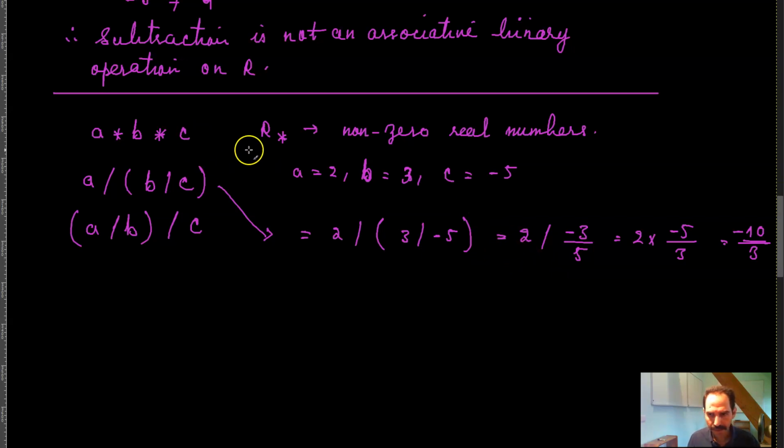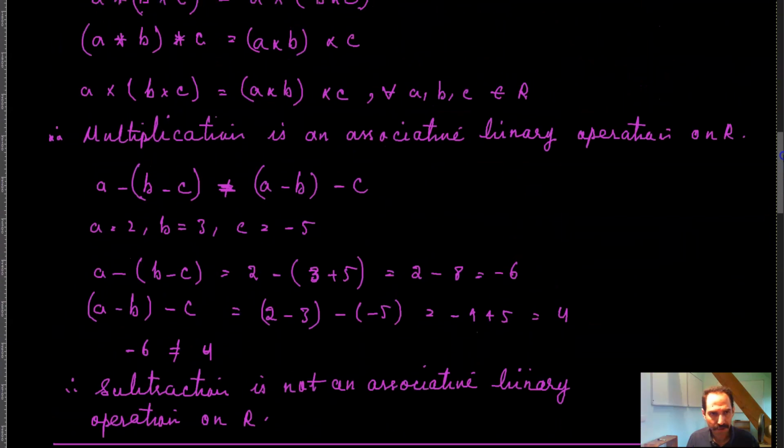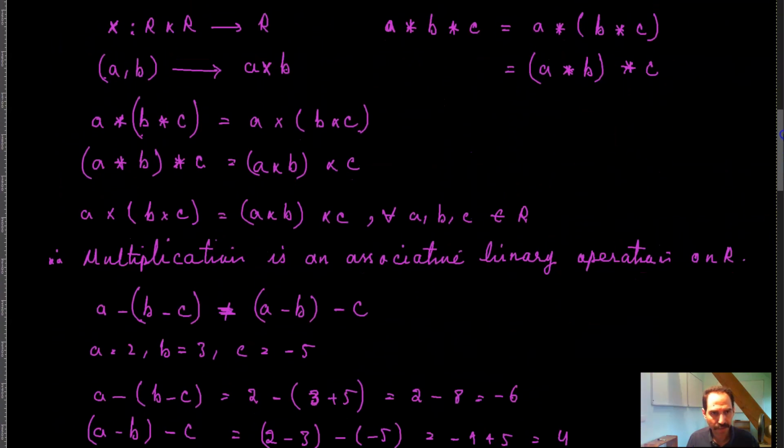Right, so of course division itself is a binary operation on the set R star, because you can divide and basically the operation is going to be a function. There is no problem with that.